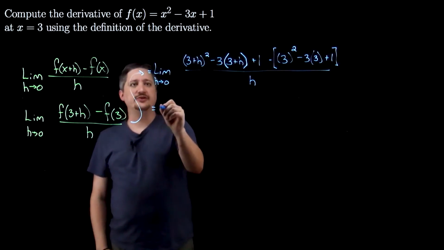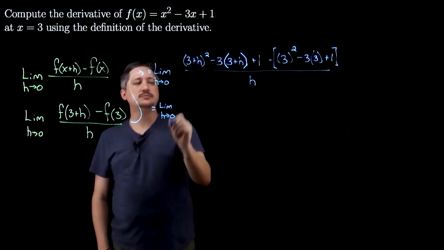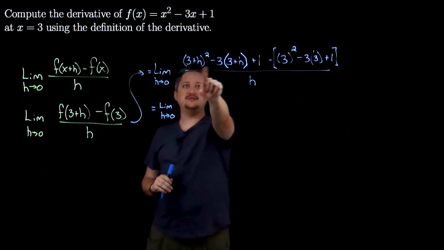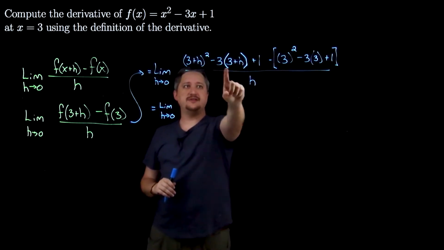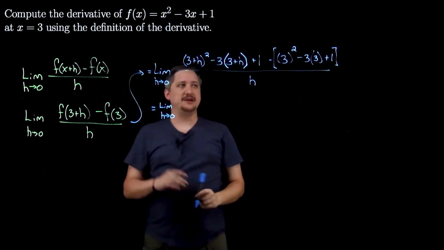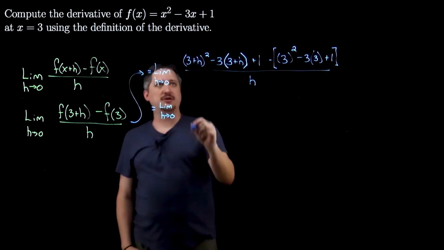So the next thing I'm going to do is expand out these square bits for the plus h. I'm just going to number crunch that bit to make it go away, eventually, but for now to make it smaller.